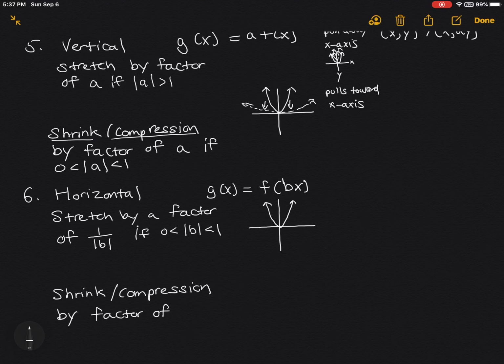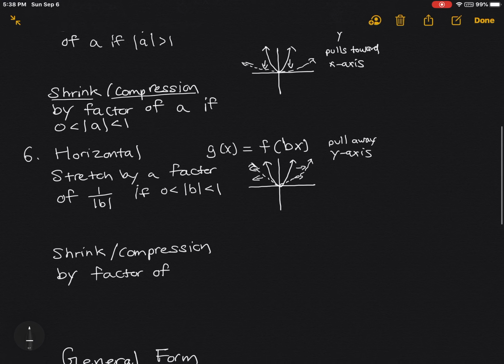So if I said you have a horizontal stretch, it means I'm going to pull it away from the x-axis, or sorry, away from the y-axis. And so it would look something like this, right? If you pull away from the y-axis. Okay, horizontal stretch by a factor of 1 over b if the absolute value of b is between 0 and 1.